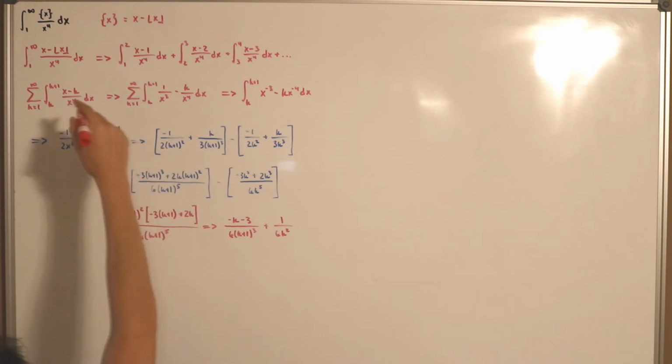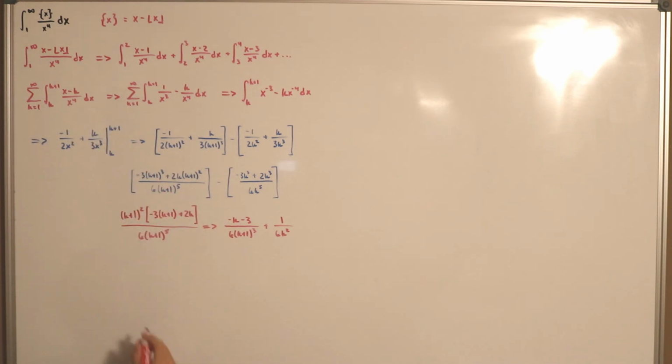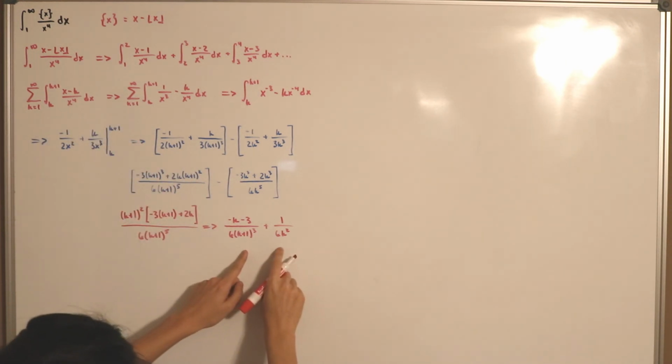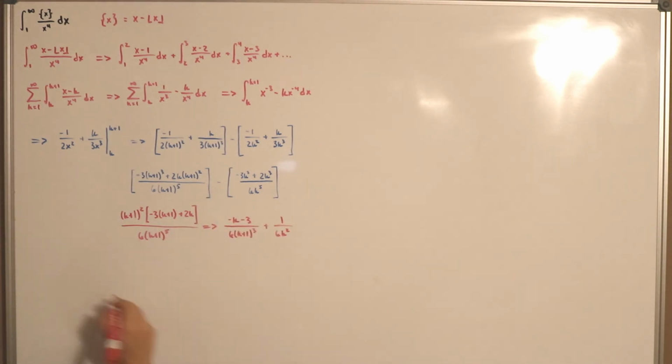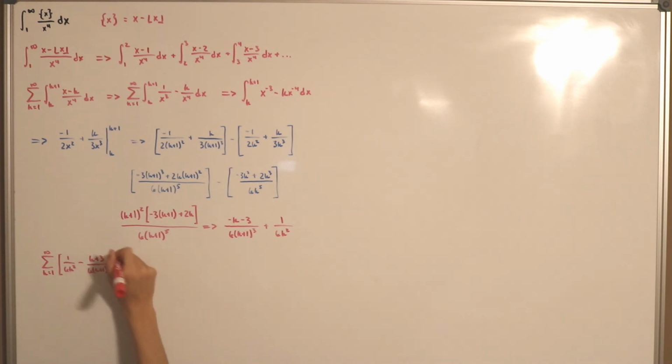So now we can actually substitute back. Because this is commutative under addition, I'm going to move this to the front and this to the back. So the summation, k is equal to 1, of, put this in brackets, 1 over 6k squared, and then distribute out the negative. So now this will be k plus 3 divided by 6 times k plus 1 cubed.